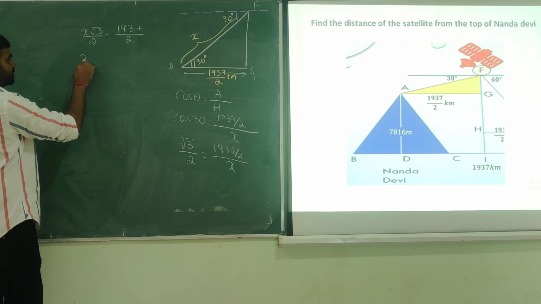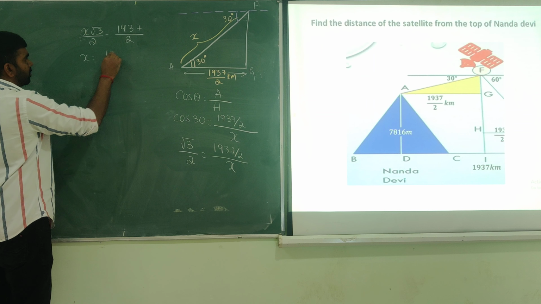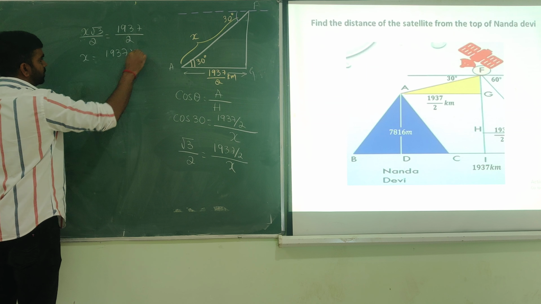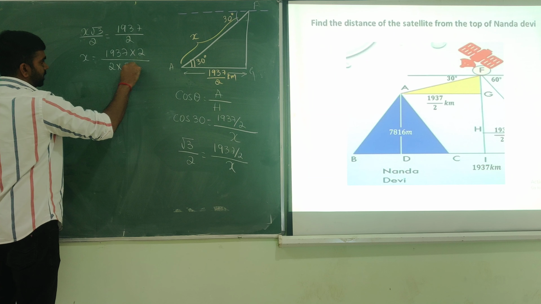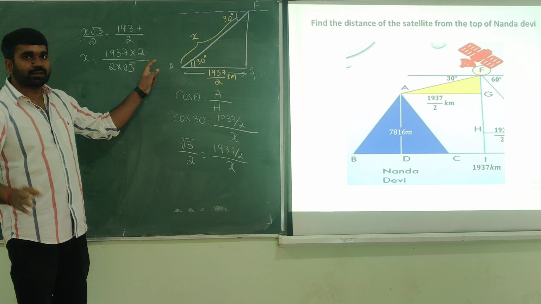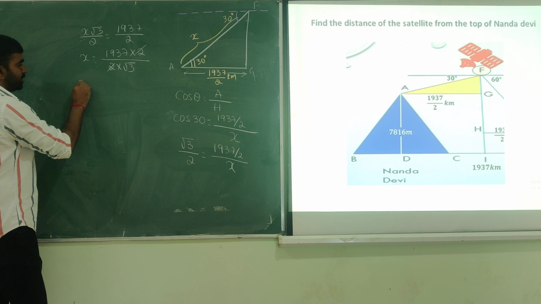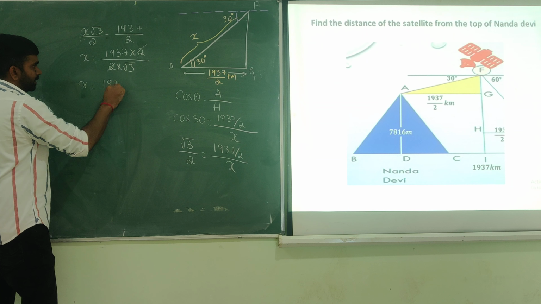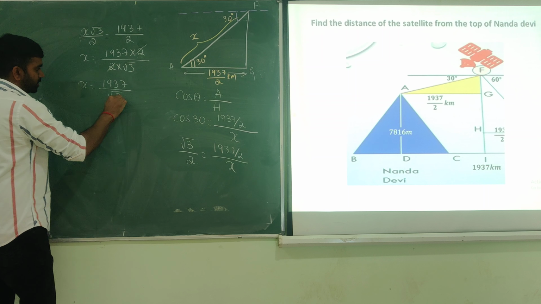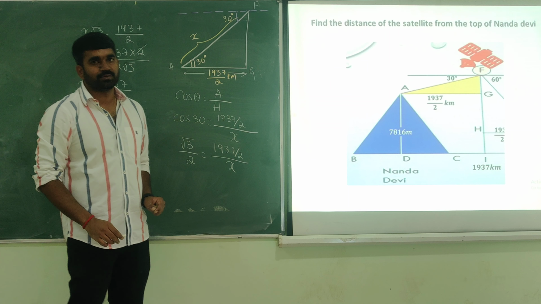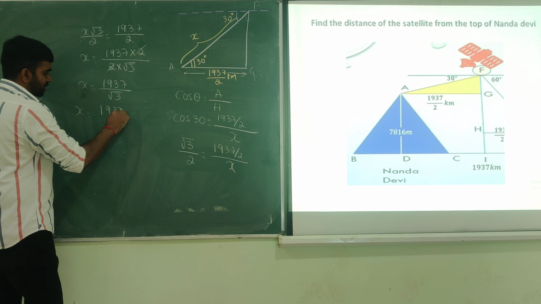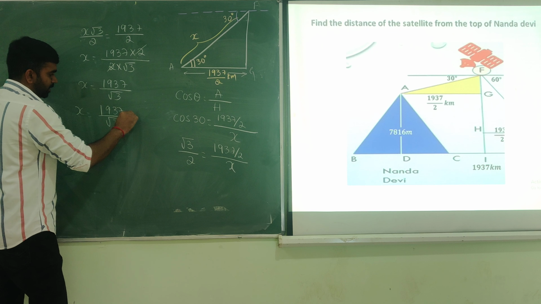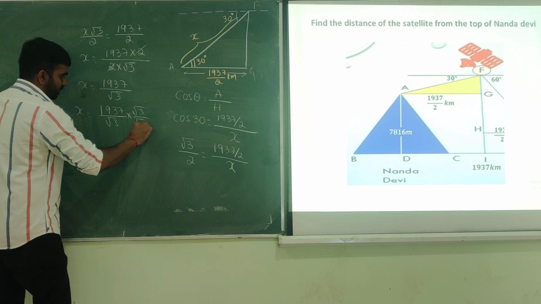Now we transpose: x stays here, and 1937 into 2 on the RHS, with root 3 going to the denominator, 2 into root 3. I have not simplified this one because we can cancel over here. So x is equal to 1937 divided by root 3.